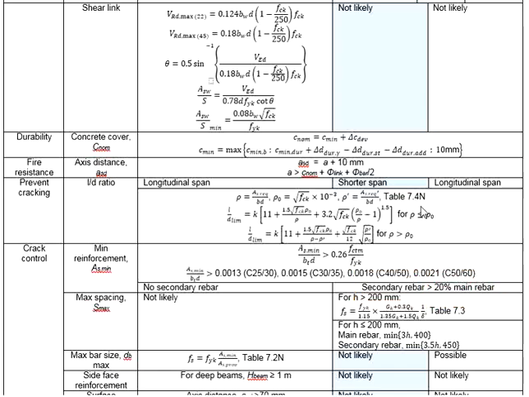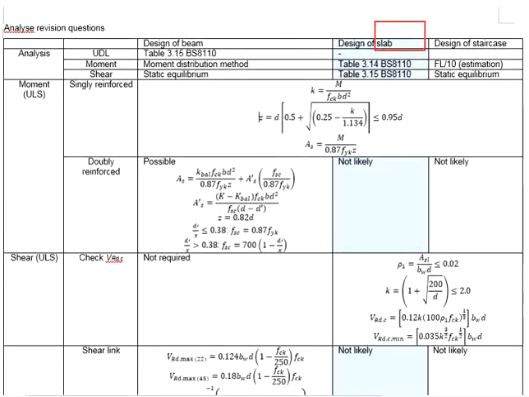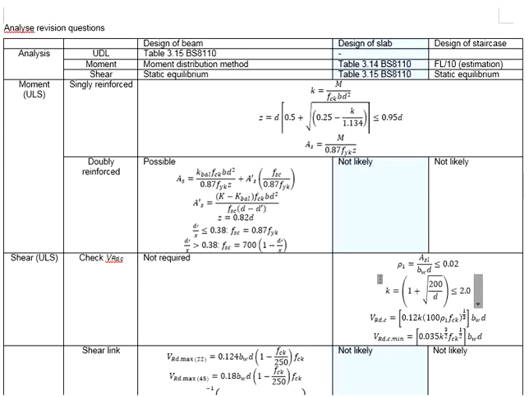reinforcement bar. Although the slab and the staircase are similar, but when it comes to the secondary reinforcement bar, there is still slight differences, especially when it comes to the two-way slab. Remember that when you need to design for the moment, you will need to design the reinforcement bar for the slab in the longitudinal and the transverse directions, which are the longer span and the shorter span respectively.